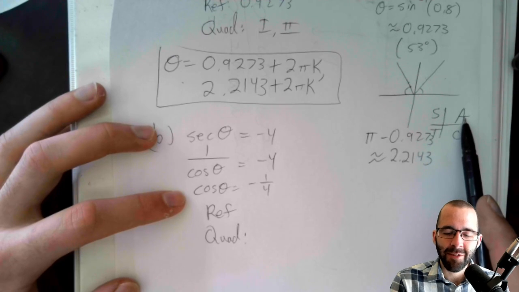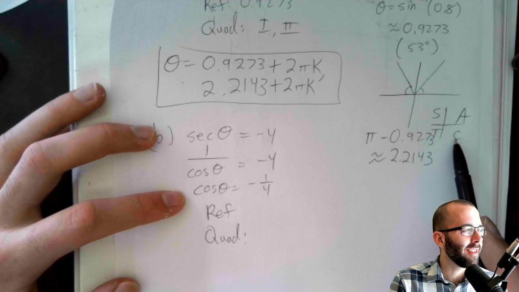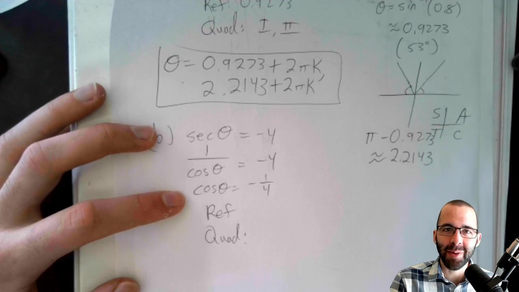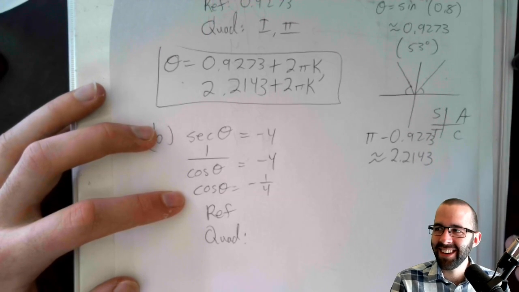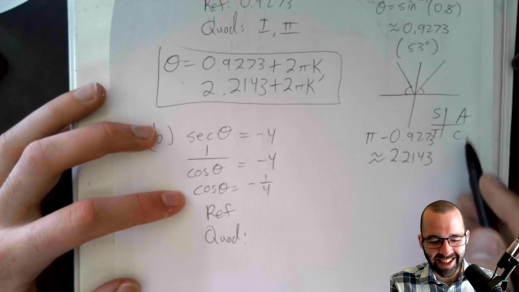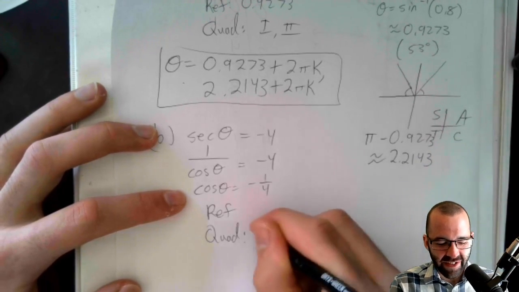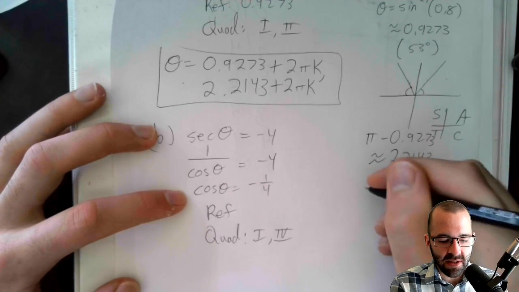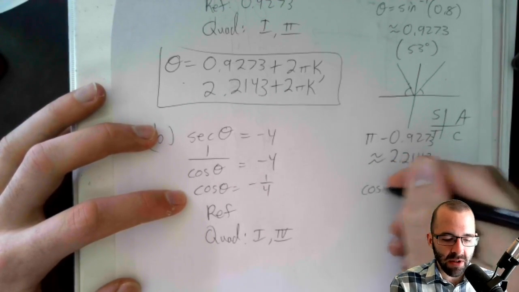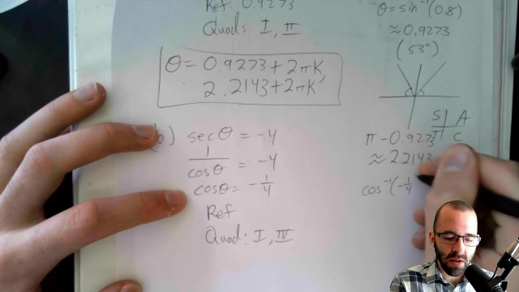That's like first and fourth together. It's like I was combining the answer into one word. Yeah, first quadrant and fourth quadrant. So that's where we're going to have our answers. And again, to find the reference angle, we just need to say, okay, what is the inverse cosine of negative a quarter?